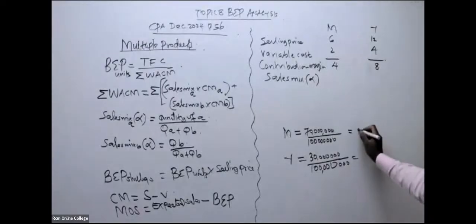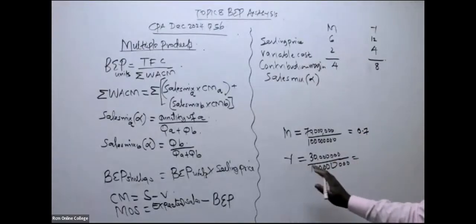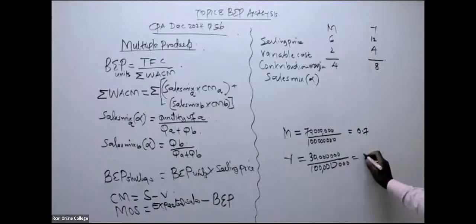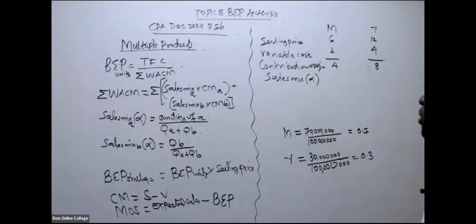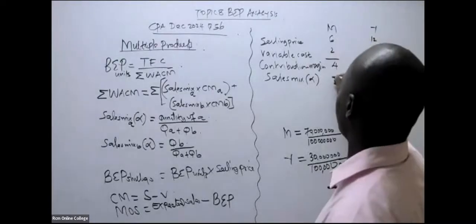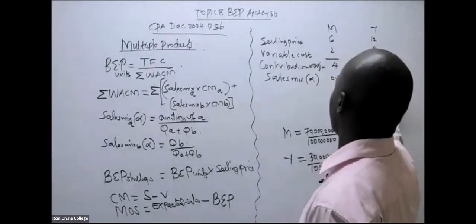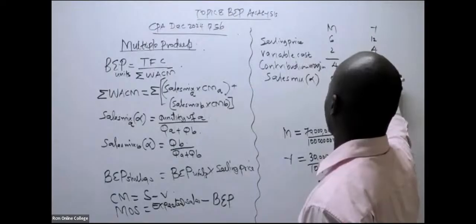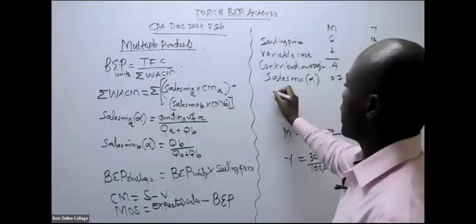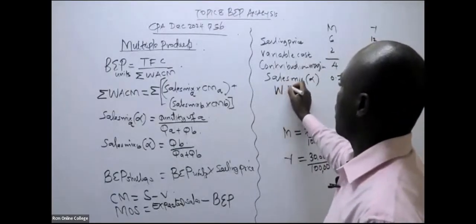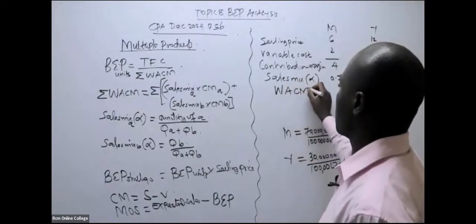M is 0.7 and Y is 0.3. So this will be 0.7, this will be 0.3. So let's go ahead and get what we call weighted average contribution margin.